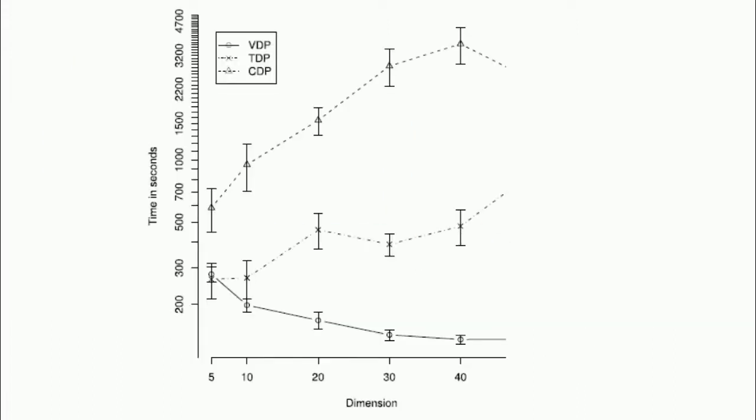To compare the variational inference algorithm to the Gibbs sampling algorithm, we conducted a systematic set of simulation experiments in which the dimensionality of the data was varied from 5 to 50. The figure shows the average convergence time across the data sets per dimension.